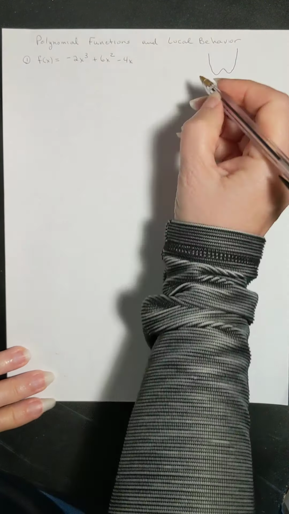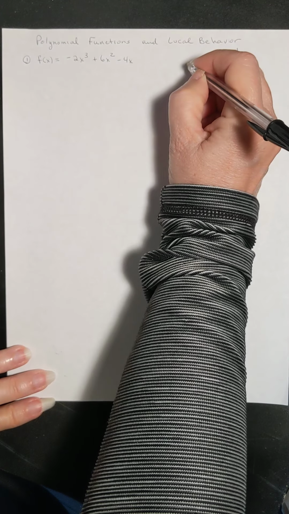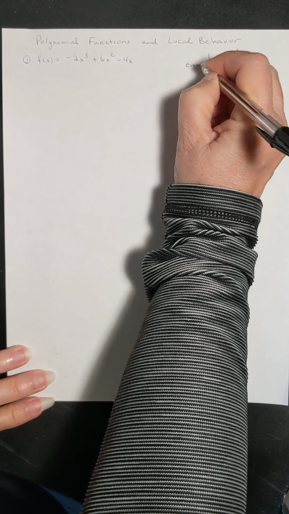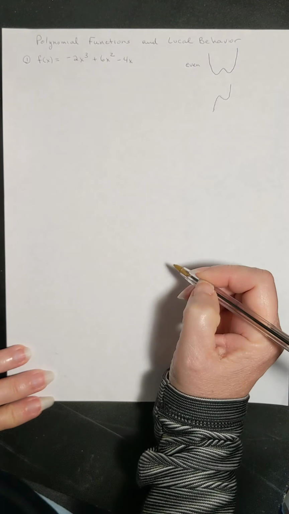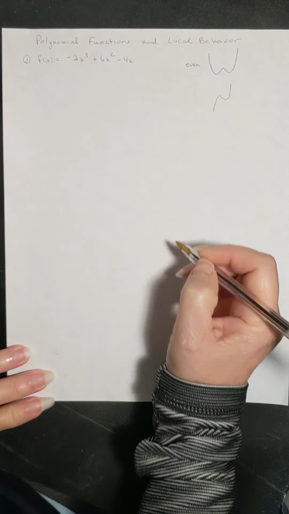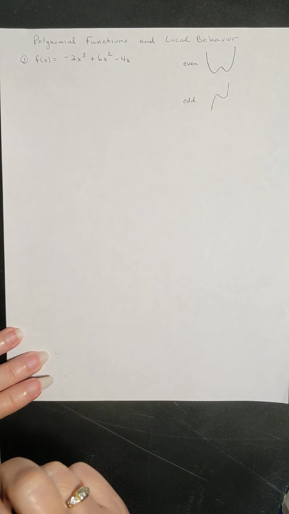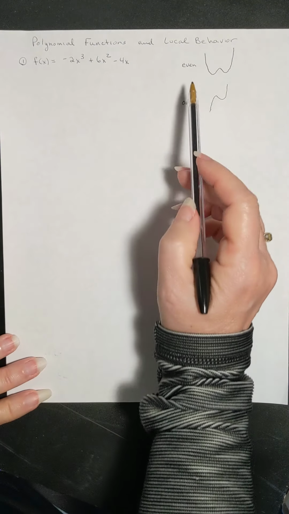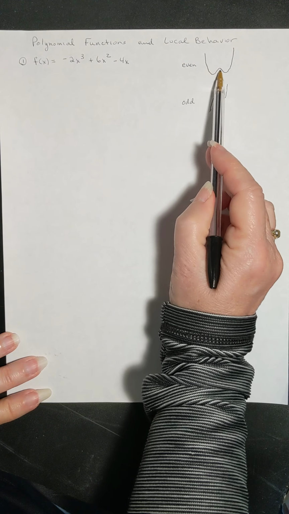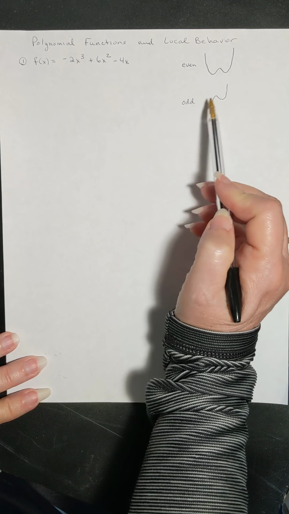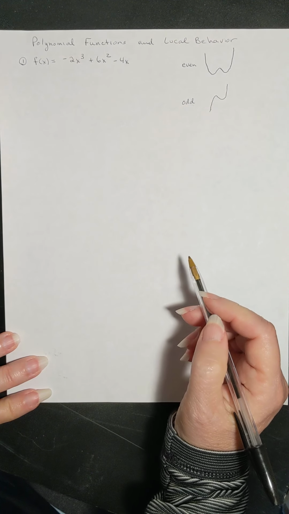And we know that if my leading exponent is an even number, then they'll look like the parabola, and if it's an odd number, then it's going to look like the snake. Also, the leading coefficient is the number in front of the leading term, which is the highest exponent term. If our highest exponent is even, it looks like a parabola. If our highest exponent is odd, then it looks like a snake.